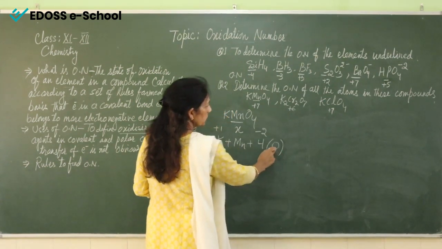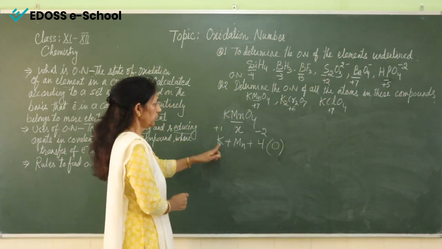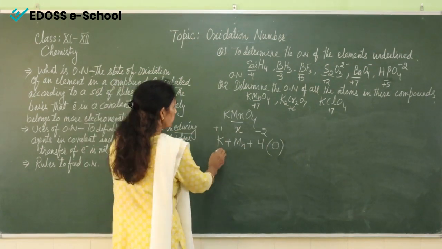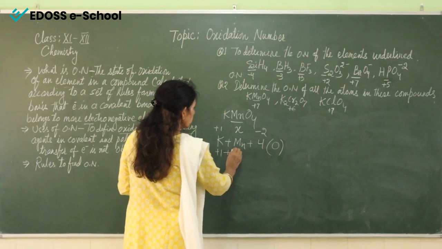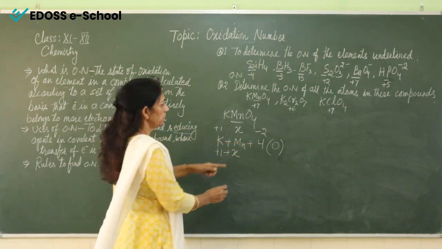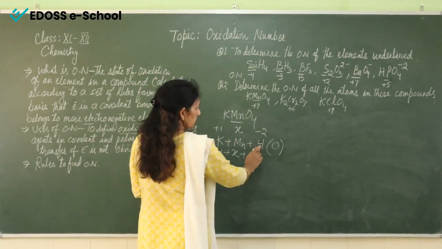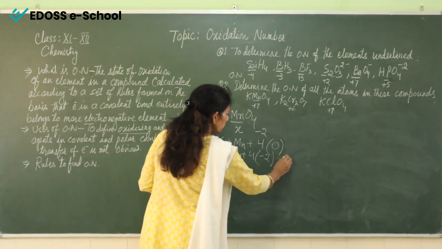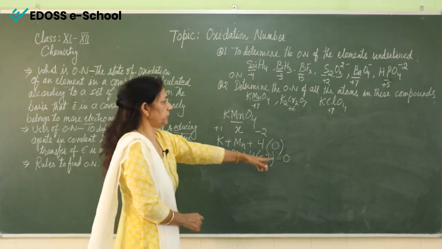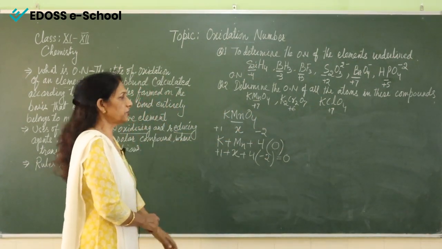This O is for oxygen. So you can write potassium is +1, Mn is x, and this will be 4 into -2. This sum is equal to 0, because there is no charge here.